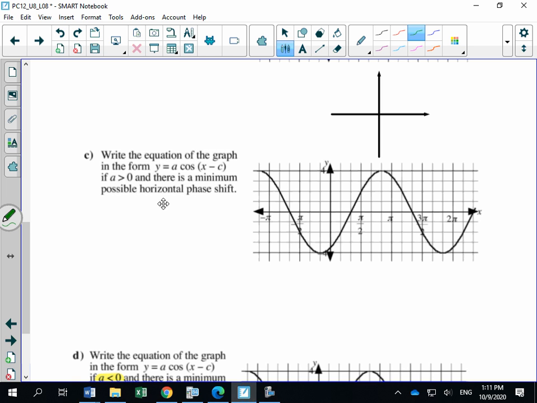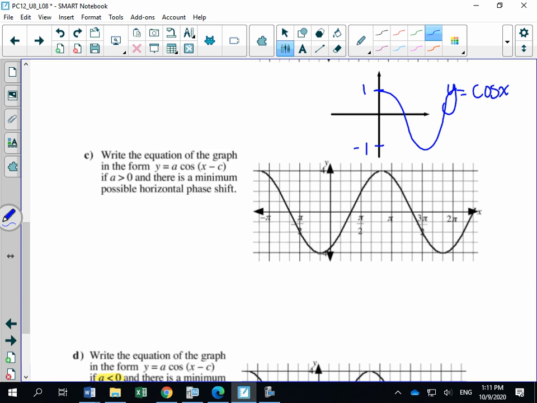So for this one, it is a cos graph and there's a stretch and a horizontal phase shift. Quickly write down what the graph of y is equal to cos of x would look like. We know that a cos x goes from 1 to -1, just like a sine graph, but it actually starts at 1.